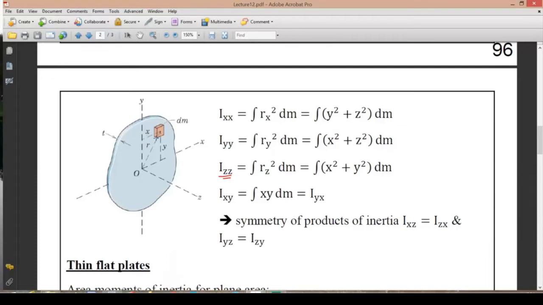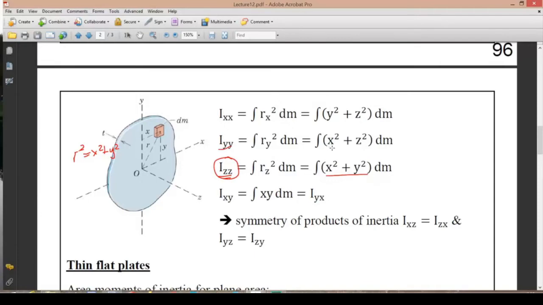Actually, what we are trying to calculate is r, and then in the formulation, what's going to appear is r squared, and r squared is calculated as x squared plus y squared. So that's why in this equation now we have x squared plus y squared times dm, and that would give us the information about mass moment of inertia about the z-axis with respect to our definition here.